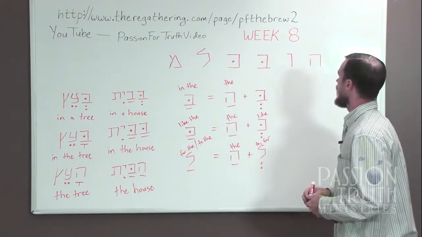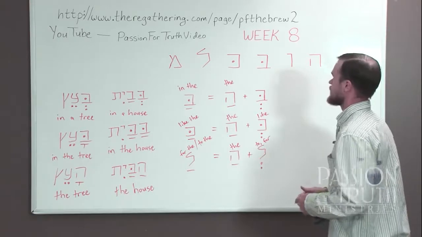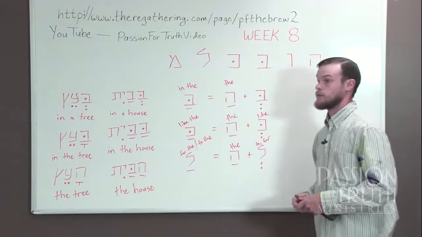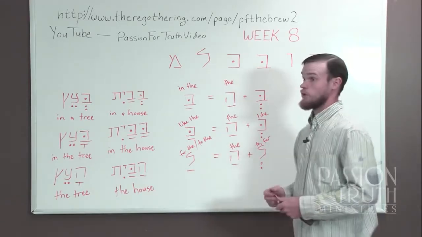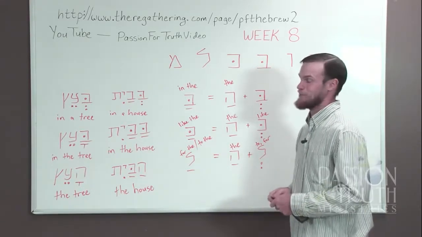And these are the six prefixes that you will find in the scriptures. In modern Hebrew, there are in fact even more, but I'm not going to go into those.